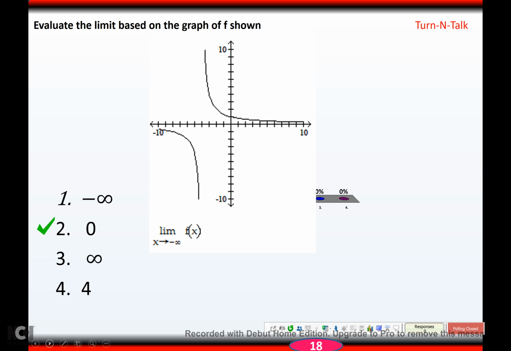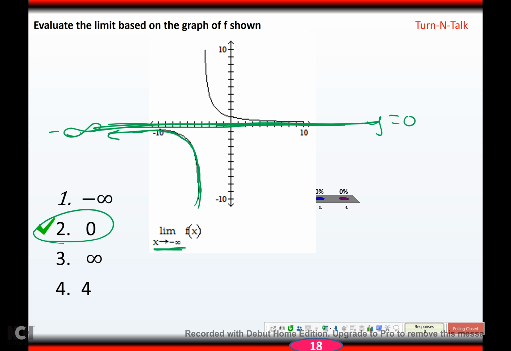And hopefully you got 0. This says approach as x approaches infinity from the left. So I'm heading towards negative infinity. So I'm tracing this part of the graph, and it's getting closer and closer to this imaginary horizontal asymptote, which is the line y equals 0, so the function is getting close to 0.